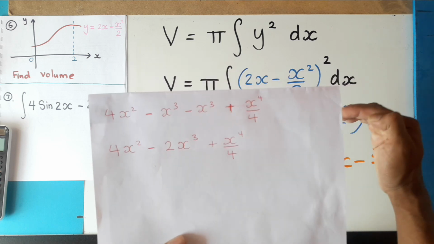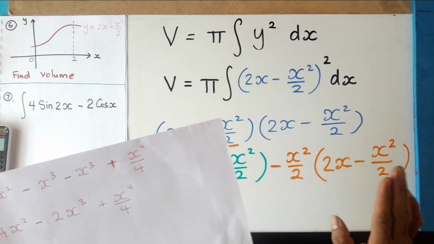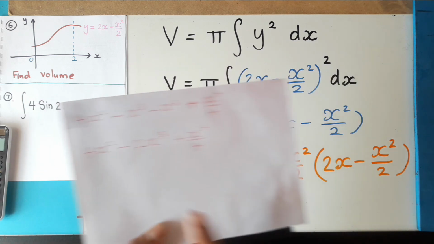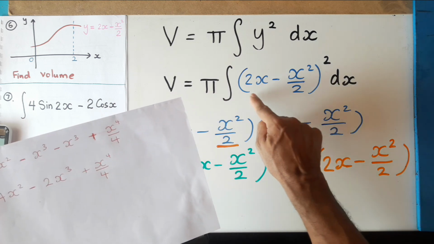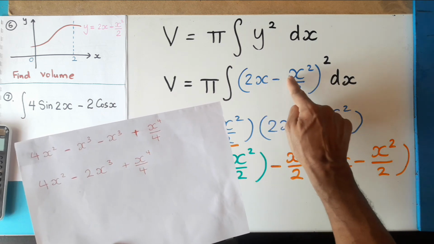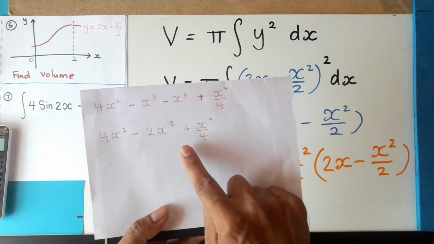So I went ahead and did the calculations. So what I'm going to do now is attempt to integrate this, because once we expand the brackets and simplify it, we will get this.